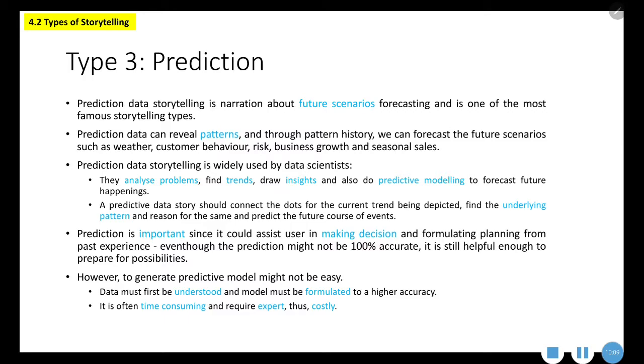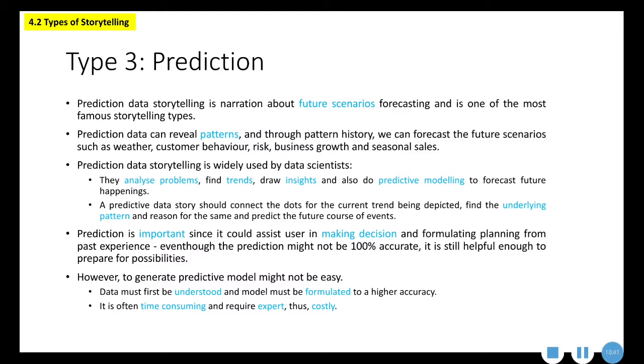And the third type is prediction. So prediction data storytelling is a narration about future scenarios forecasting, and it is one of the most famous storytelling types. Prediction is the same as trends, so it can reveal data patterns through pattern history, where we can forecast future scenarios such as weather, customer behavior, risk, business growth, and seasonal sales.